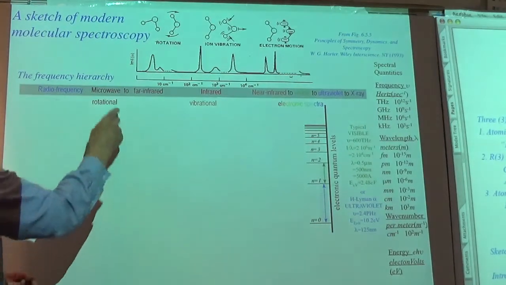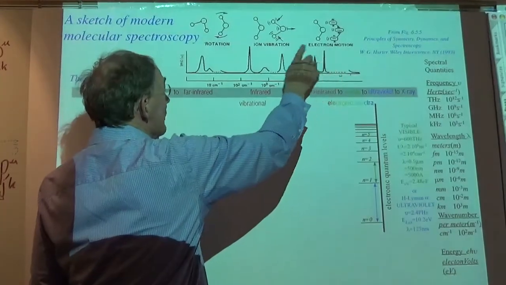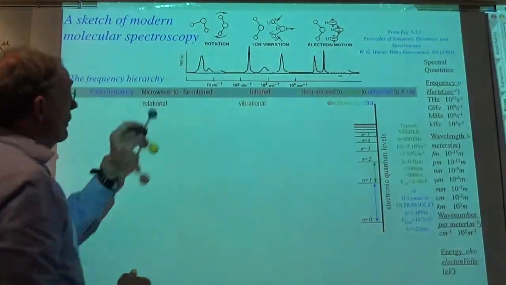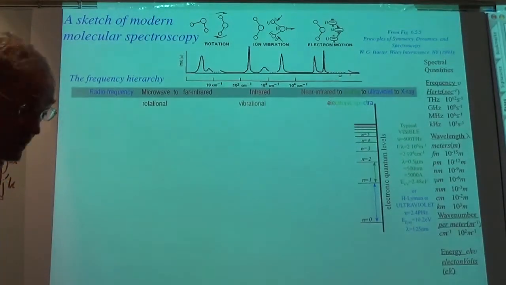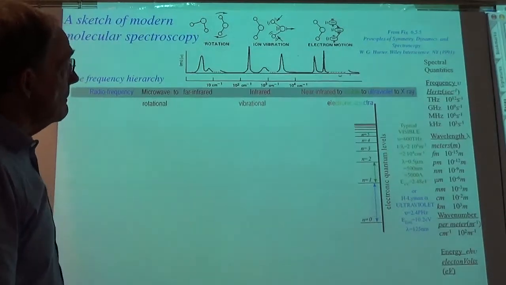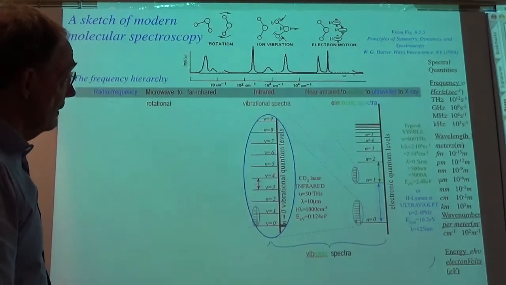But a molecule, you see, can do this. So we have both electronic motion, ion vibration, and our third thing, we've got rotation. So the real base of our quantum mechanics for high resolution is on the rotational end.